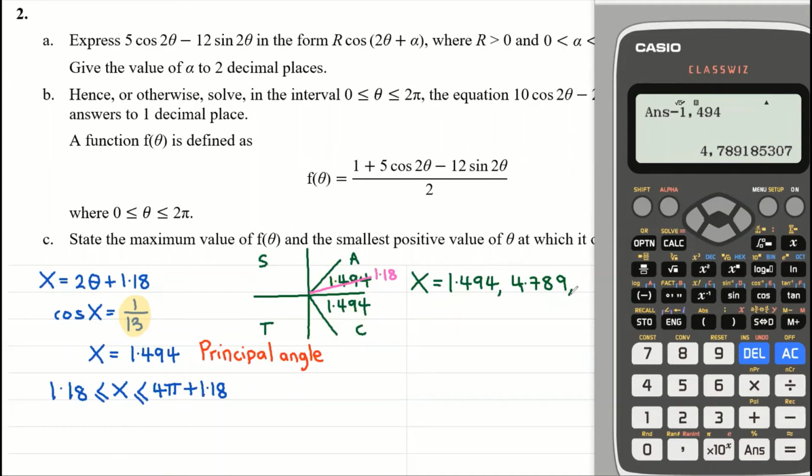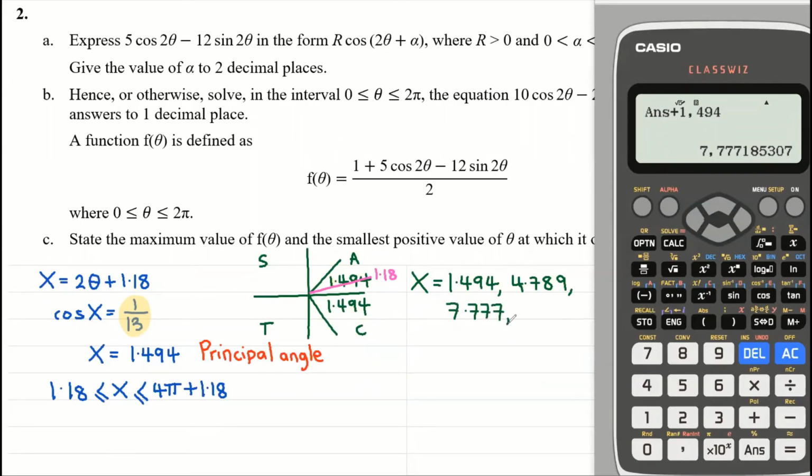Then we have to go around again. So then I have to add 2 pi to 1.494. So we add 2 pi to both of these solutions. Okay, so just cancel that, and we do 2 multiplied by pi, and we add 1.494 like that, and we get 7.777.